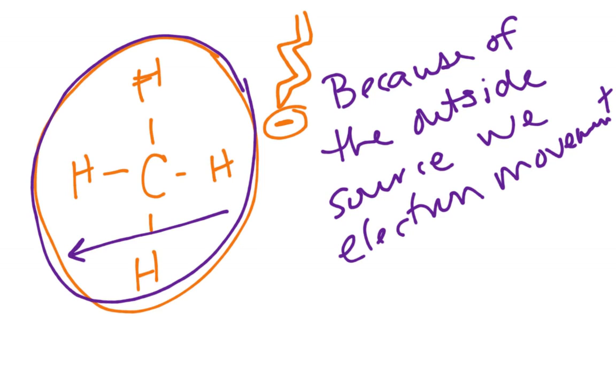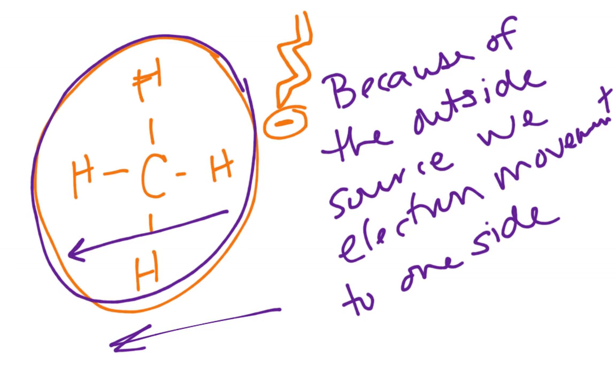Now that is not permanent. Just for a split second, my electrons move over here, so for just that split second, this becomes negative and this becomes positive, and it can attract to other molecules for a split second that way. This is called London dispersion.